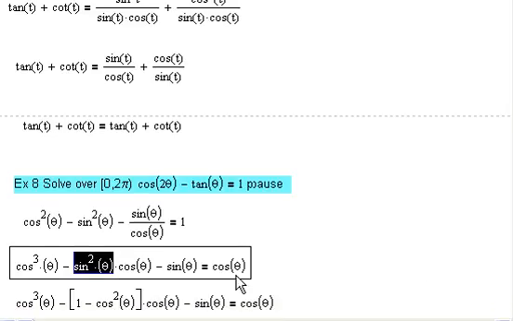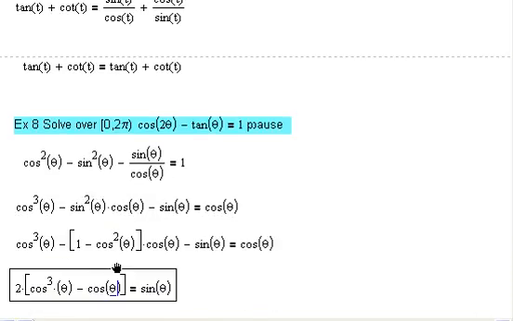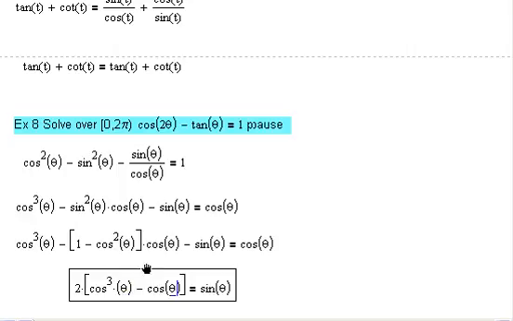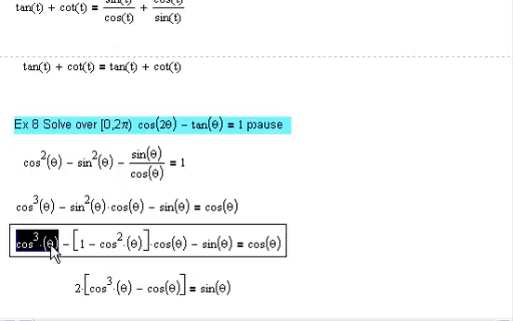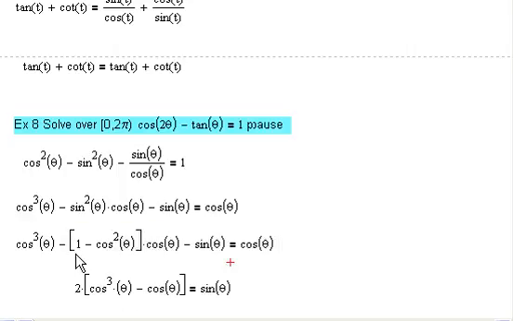And I'm going to subtract this cosine theta from both sides and add this sine of theta to both sides here eventually. And you could see that then from this algebraic thing that we got this cosine cubed and this minus a negative, so plus this cosine cubed, so 2 times cosine cubed. We have this minus cosine theta, and this one on the other side would be a negative, so minus cosine theta equal to this sine of theta.